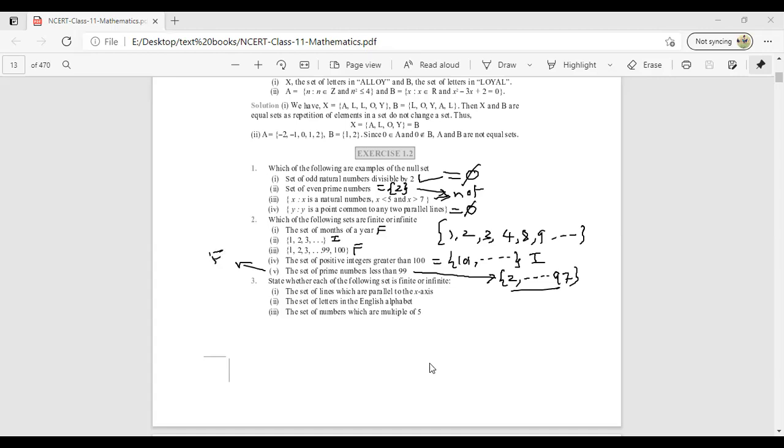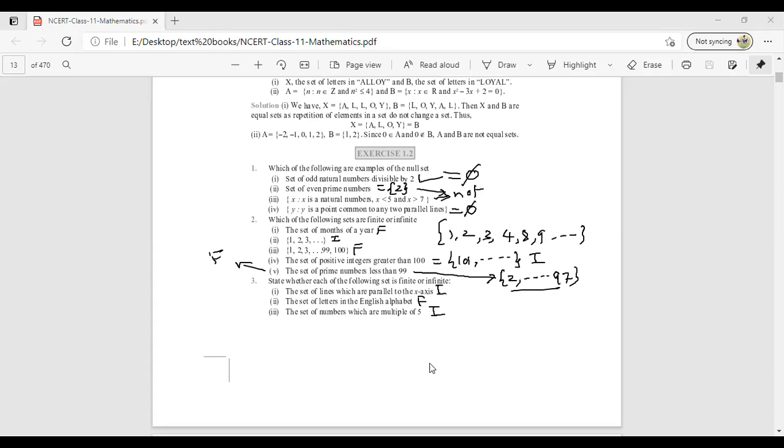State which of the following sets is finite? Again, finite or infinite. Set of lines which are parallel to the x-axis: infinite lines we can draw. Set of letters in the English alphabet: finite, 26. Set of numbers which are multiples of 5: infinite, correct.